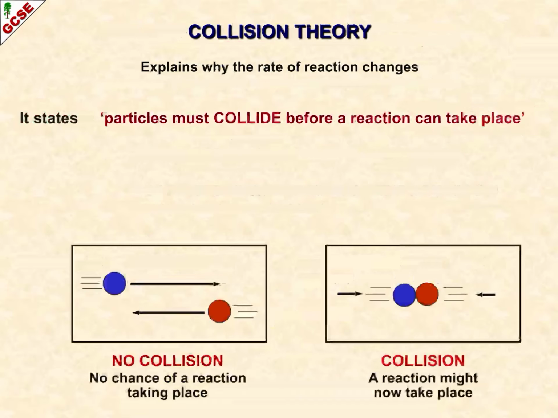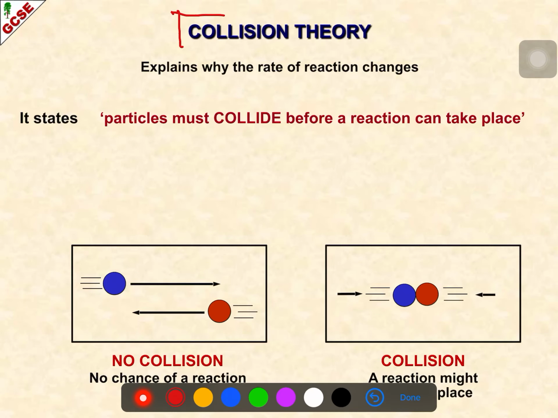Before we go over the rate of reaction, we're going to talk first about the collision theory. This collision theory explains how the reaction works. For any chemical reaction to work, two things must happen.